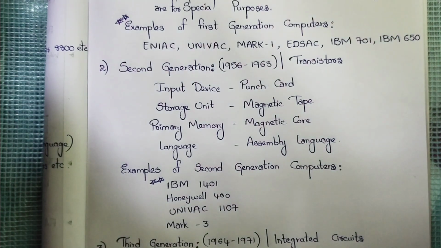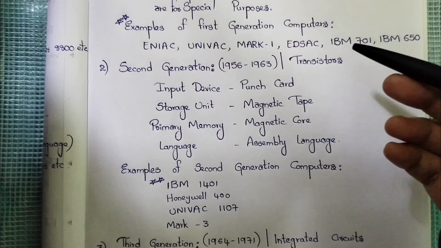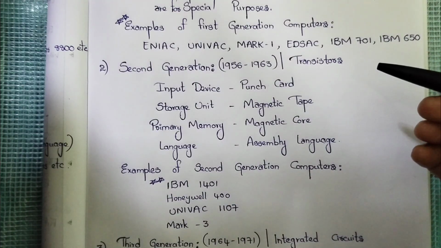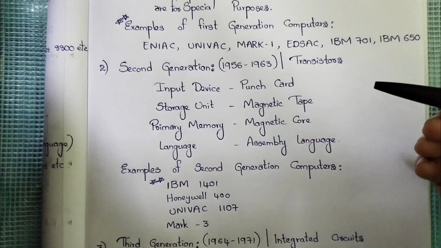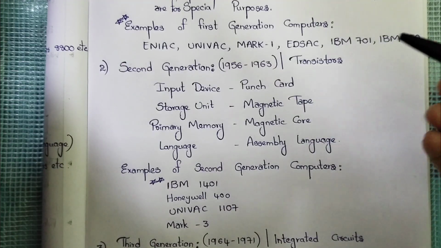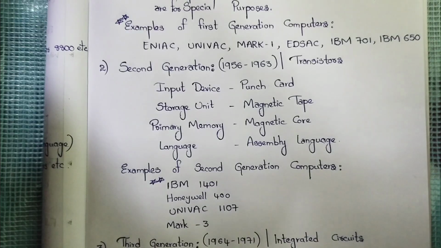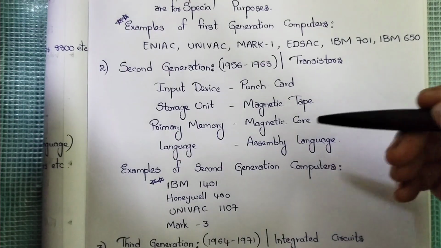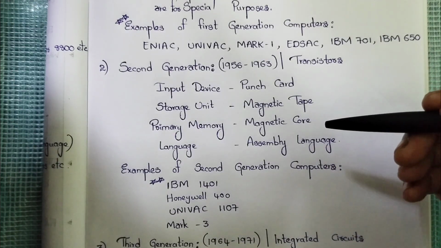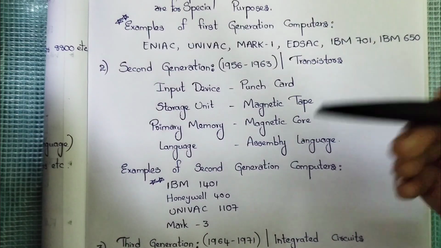Or they can give you a computer name and ask which generation IBM 701 belongs to. Previously there were questions asked like this.